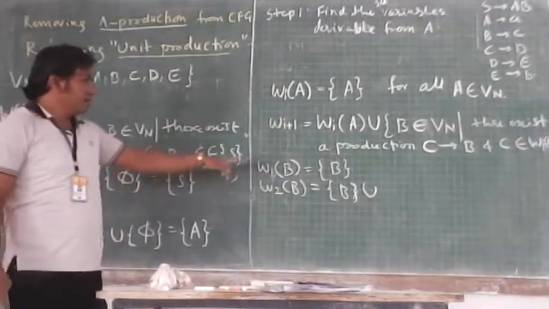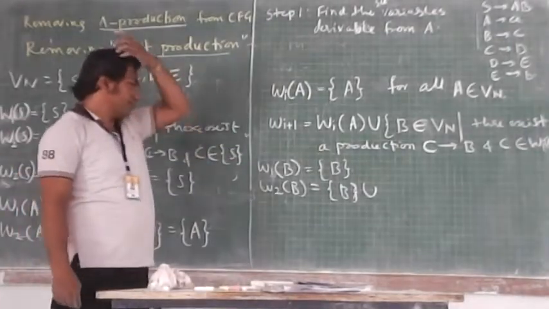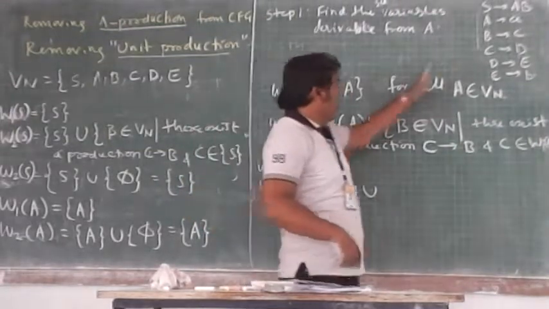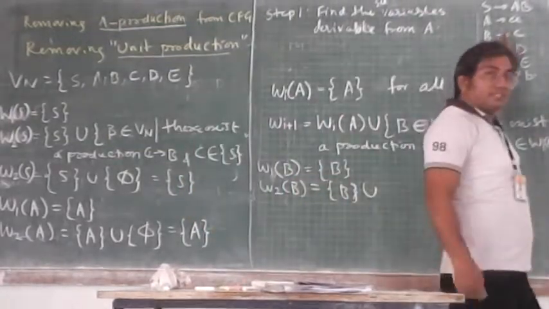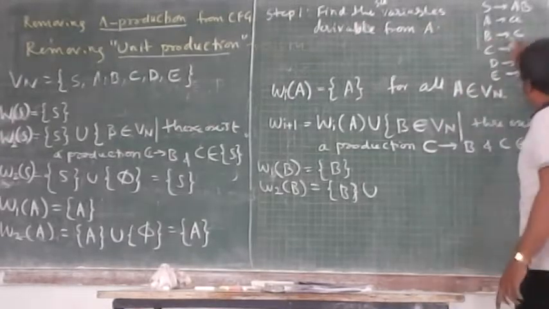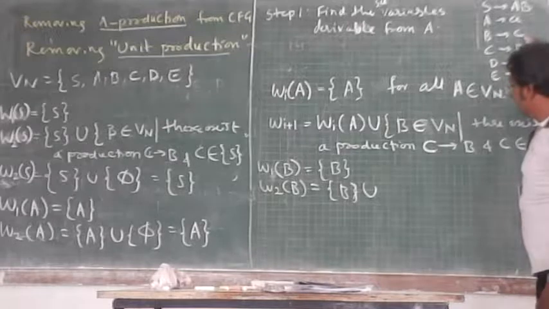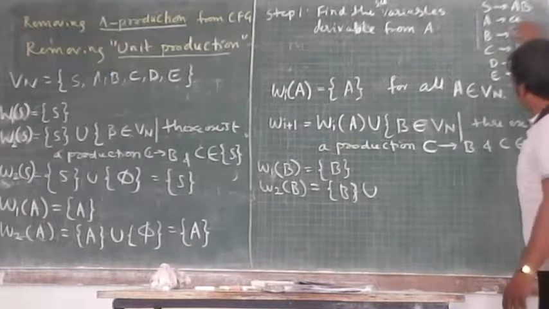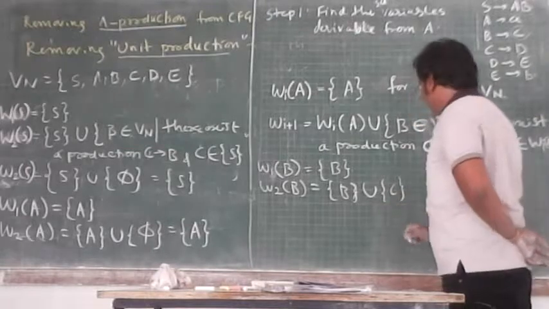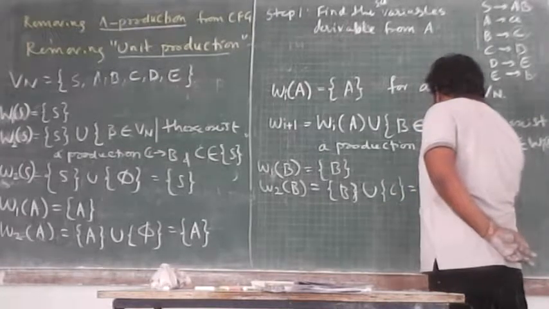Find the B production implying a single variable. In this production you can see that B implies C. This is a unit production. So what you need to add? This C you need to add into it. Okay, what I get is BC.